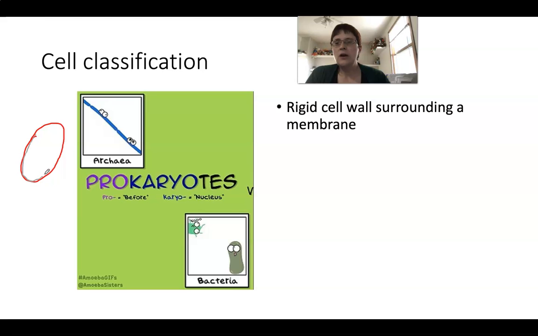The cell membrane works, and we'll see more of this, kind of like a Ziploc bag. A lot of stuff stays in, so it holds the material into the cell, but it does allow some stuff to leak out. So most of these prokaryotes have this kind of rigid structure for their shape, and then a cell membrane on the inside to hold all of the contents of the cell in.